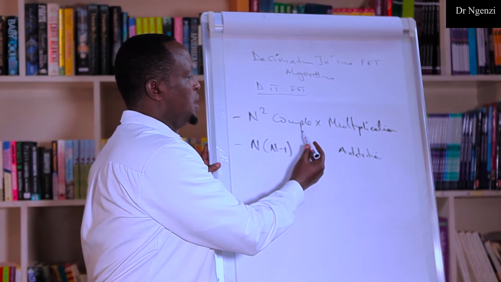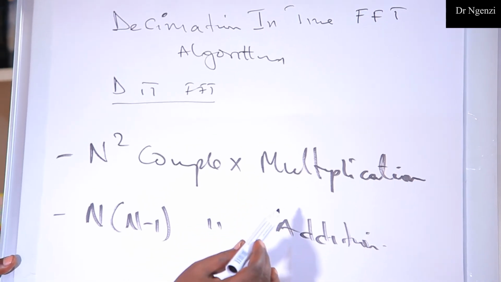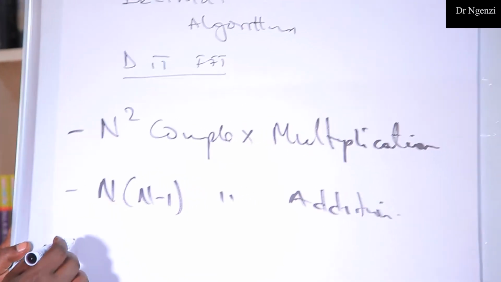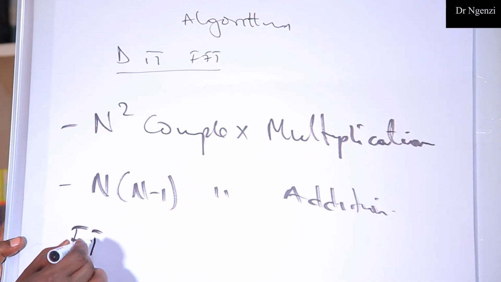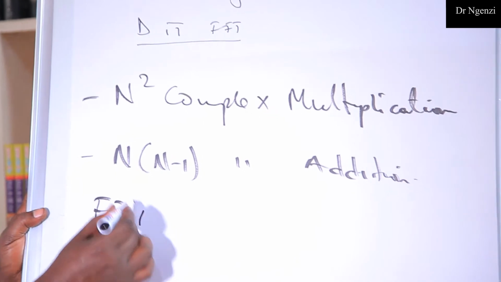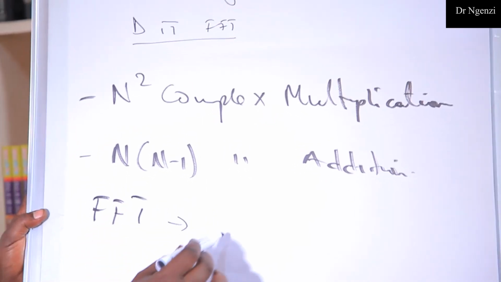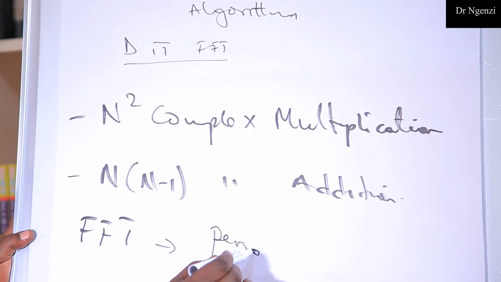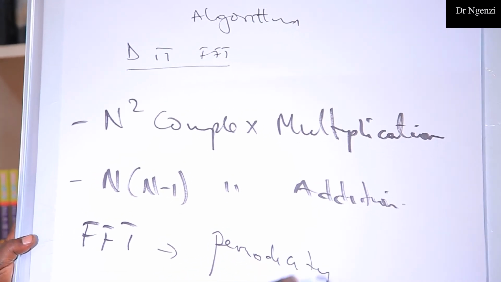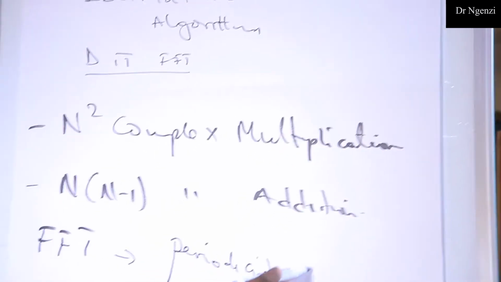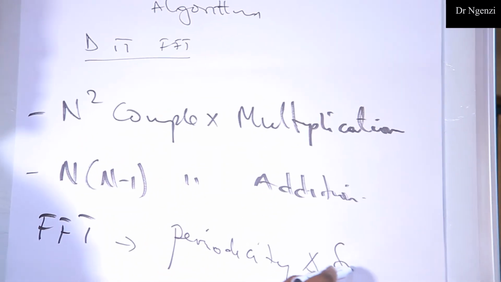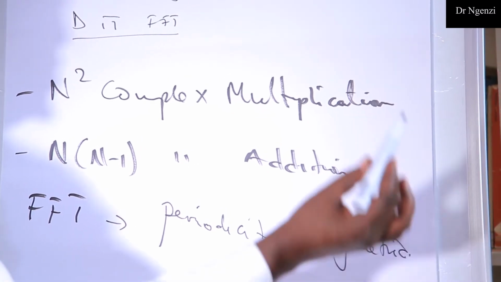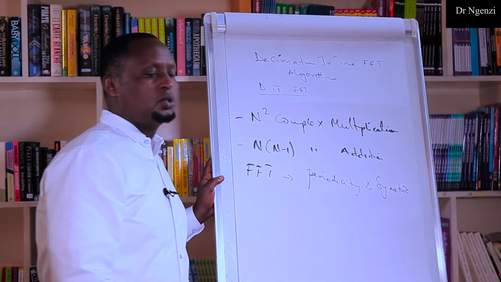Instead of using this many multiplications or complex additions, the fast Fourier transform uses what we call the periodicity and symmetric property to overcome this.